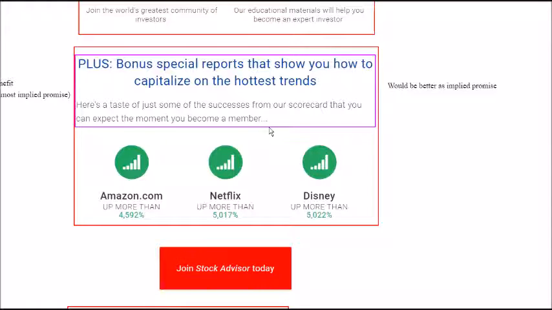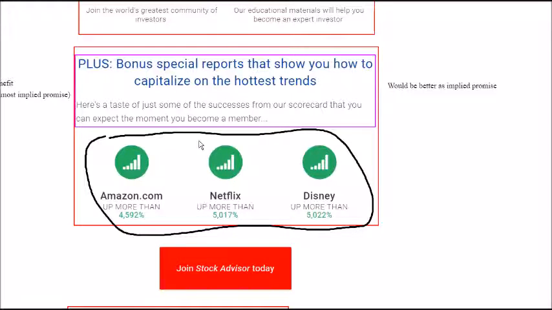So let me give you an example. If they said, special bonus reports on the hottest hidden trends before they break out. These special reports have been responsible for getting our members results like these. Instead of saying, here's just a taste of some of the successes from our scorecard that you can expect the moment you become a member.